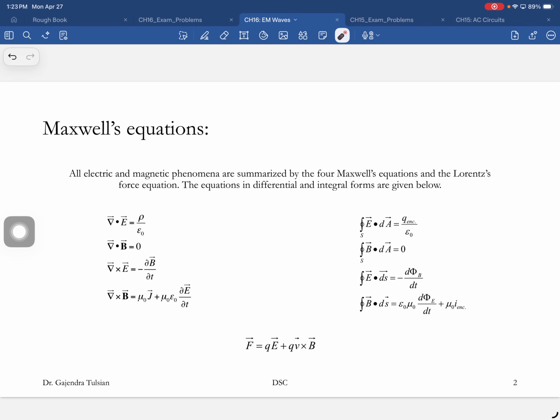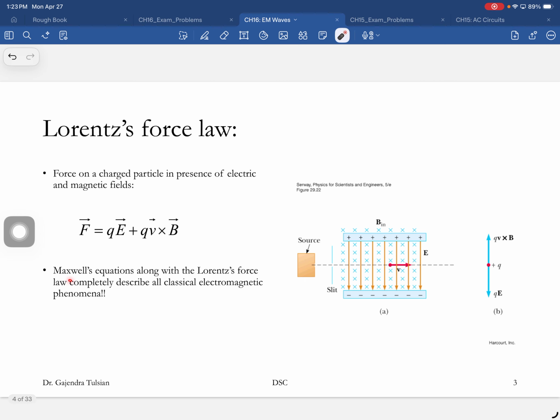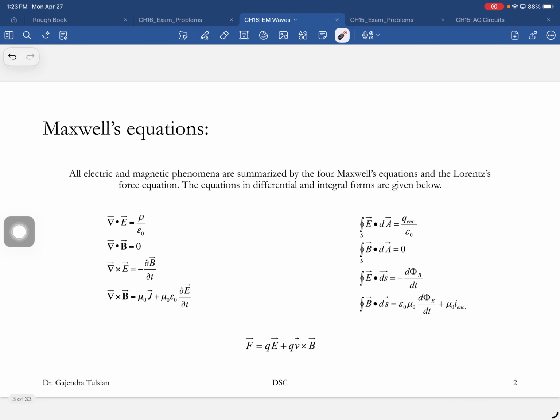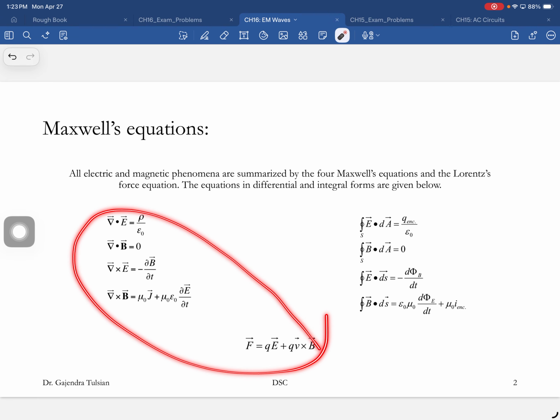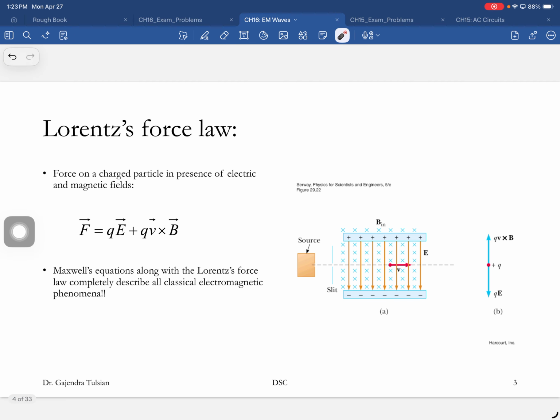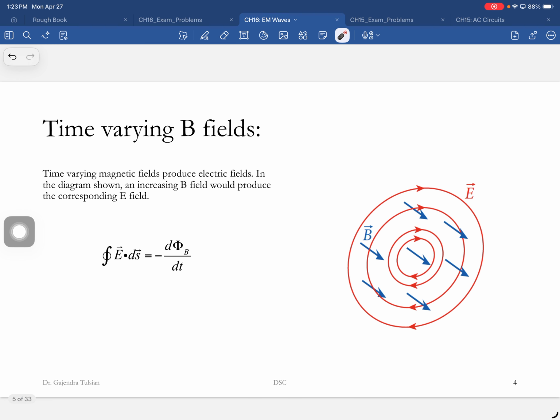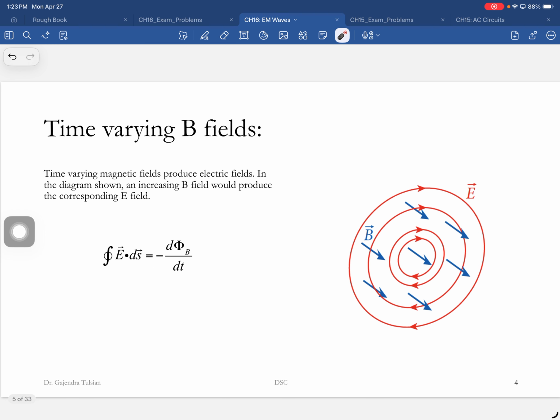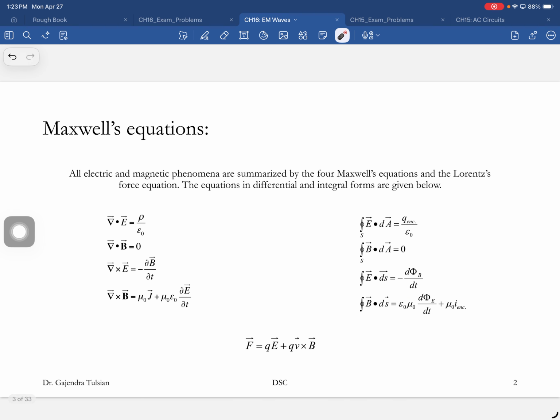All right, so this is showing you the following. If a magnetic field is increasing like this, it'll produce an electric field like that. That's what Faraday's law says. Increasing magnetic field in this direction will produce an electric field like that. And the next diagram shows you an increasing electric field.